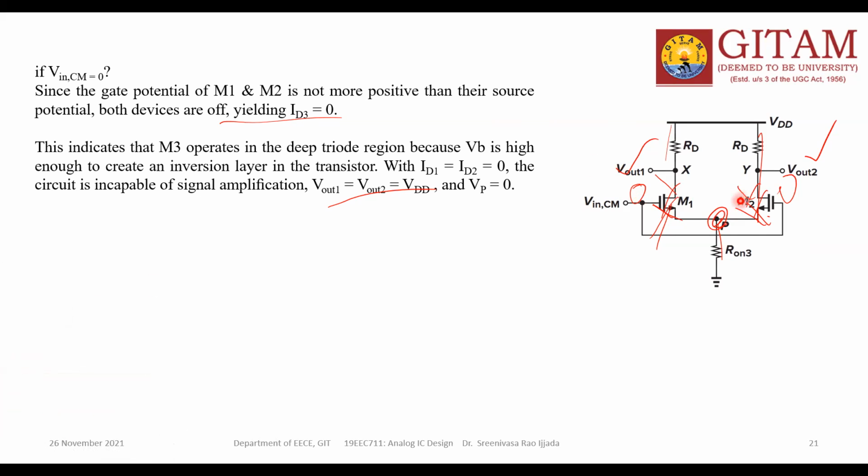Then how can the current flow? Even though it is biased, there is no gate potential. Not gate, sorry, this is the drain potential. Any doubts?